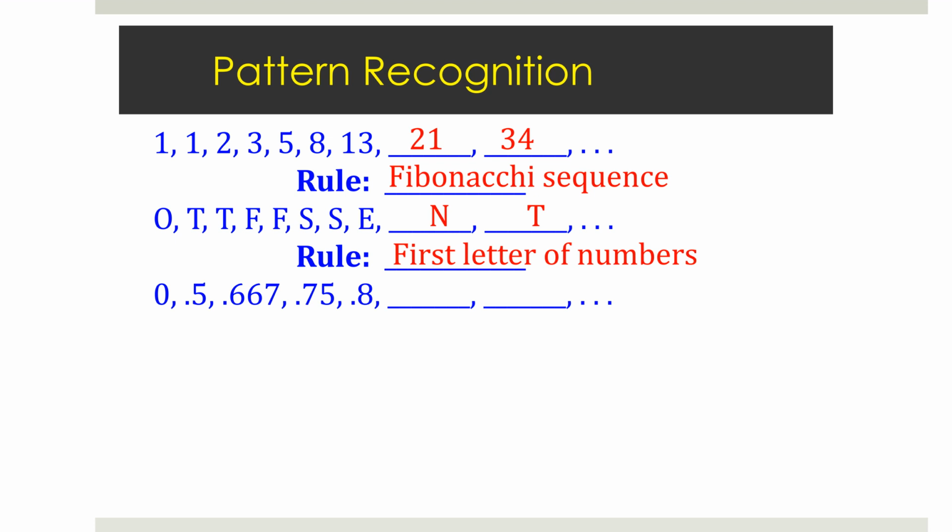What's significant about the decimal 0.667? 2/3. And 0.75? 0.8? So the next 2 decimals would be? Right, which would be 0.833 and 0.857, which are fractions. 0 over 1, 1 over 2, 2 over 3, 3 over 4, 4 over 5, 5 over 6, etc., etc.